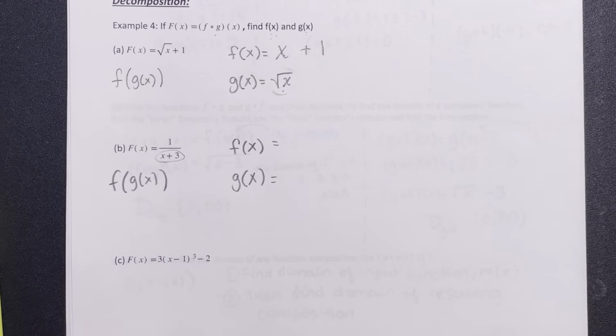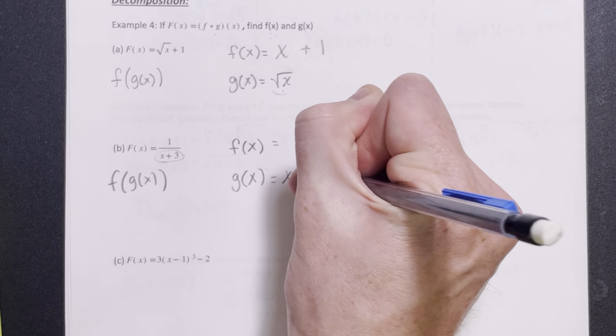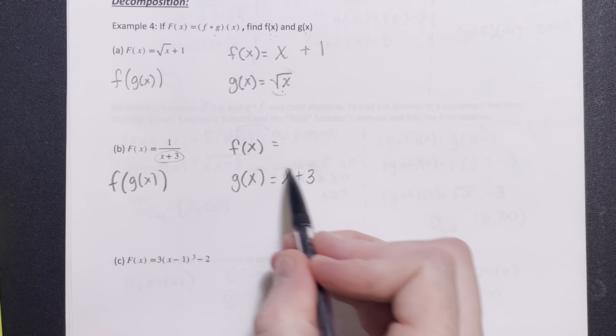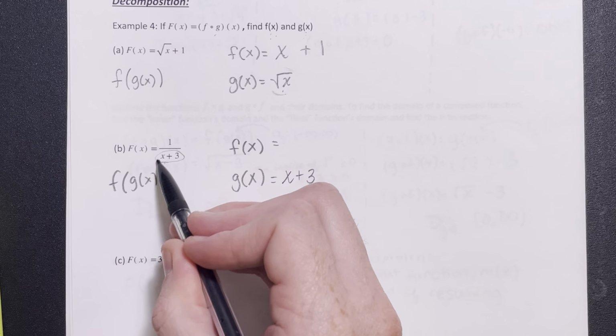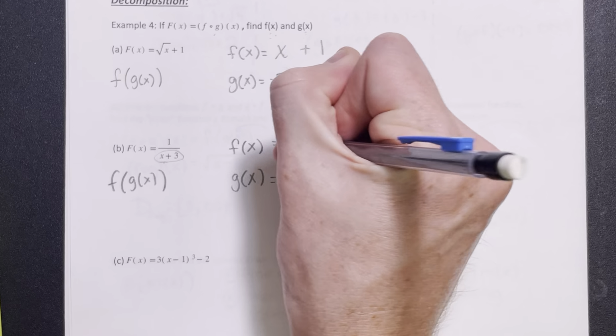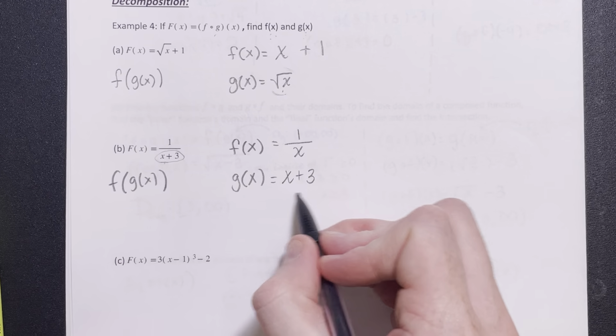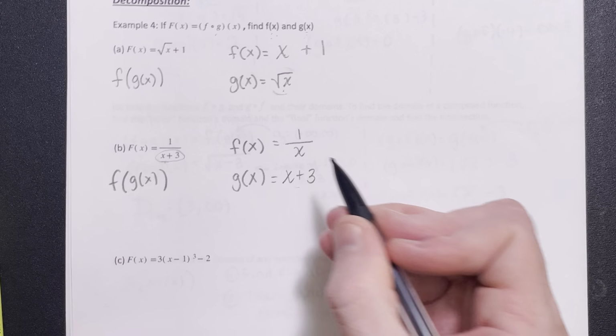And I'm going to start with x plus 3. If g of x is x plus 3, then that's going into this spot, which is the whole denominator. So f of x could be 1 over x, where you're putting the x plus 3 in the spot of x.